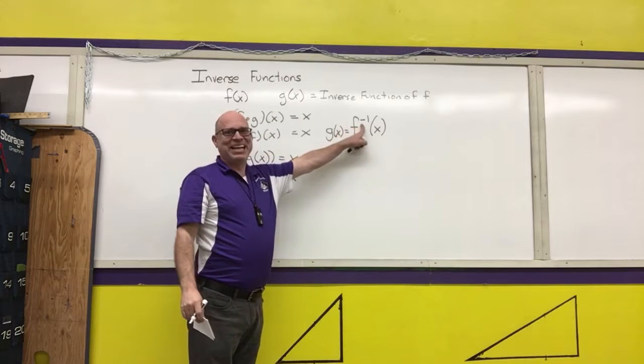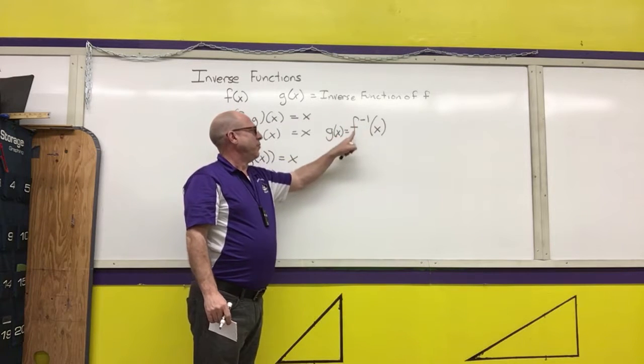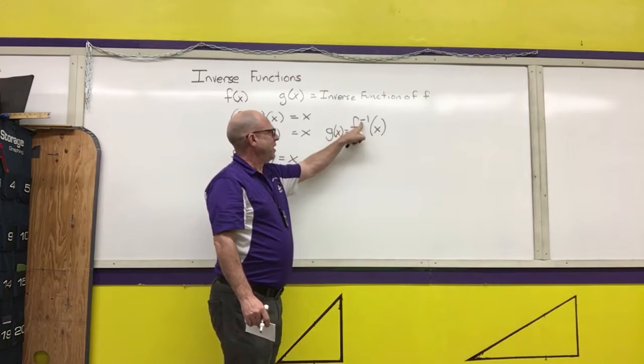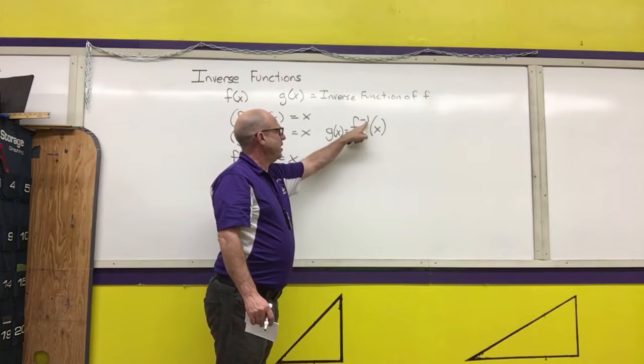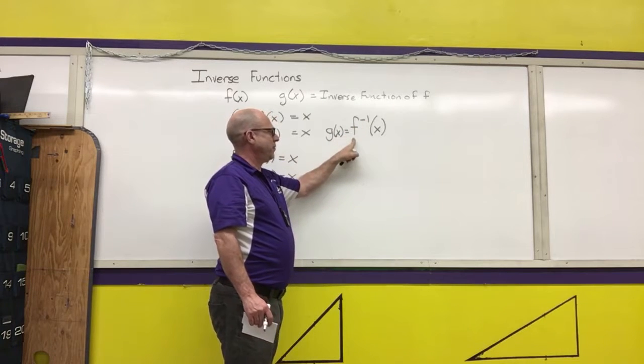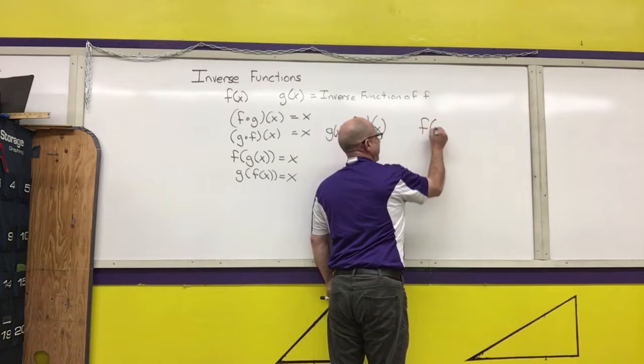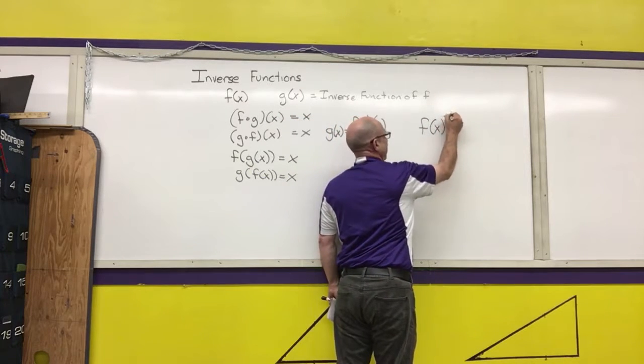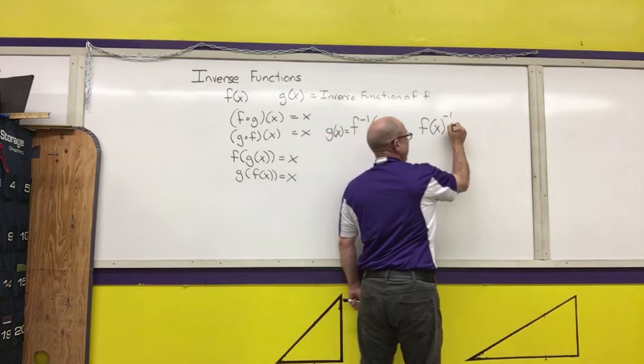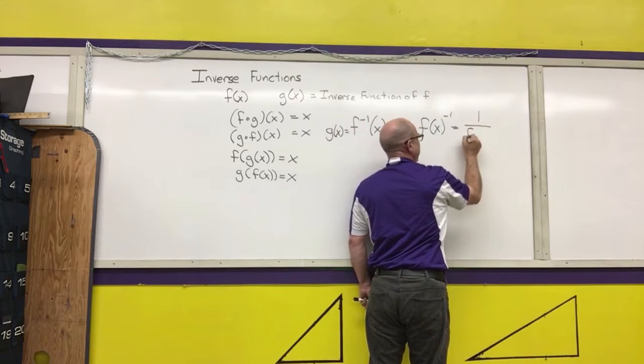Notice that this is not an exponent. When I write it like this, that says the inverse function of f. If I were to write something like this, f of x to the negative 1, that says to take the reciprocal of f of x.